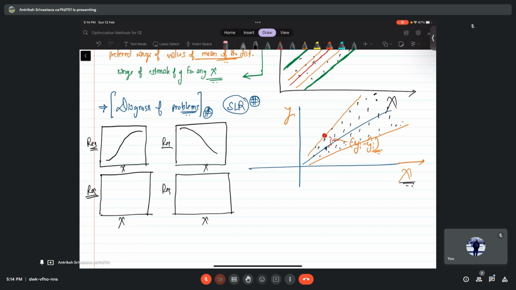Which plot do you think is showing that the residual is uniform and non-dependent on x? Is it A? Is it B? C? Is it D? Come on, guys. What do you guys think? Give it a shot. The residual has to be uniform and it has to not depend on x.